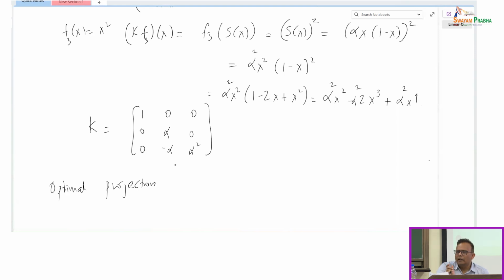Those who have done PDEs will get this language. There is a language the PDE community uses, and that is what we're going to use also. It's just a language. If you don't know it, that's fine, but if you know it, it makes life easier. He talked about this idea of the flow, which has a group property. So there's something called a group when he talks about the flow.